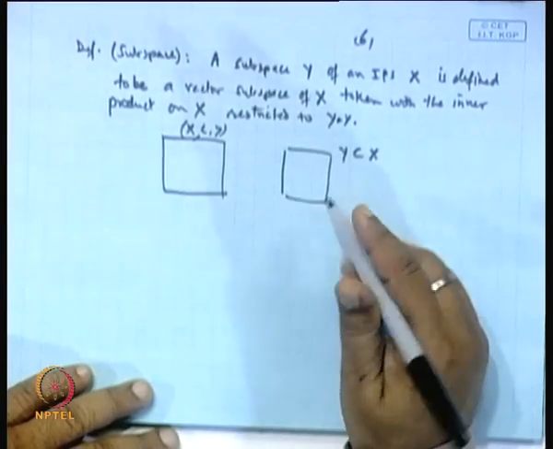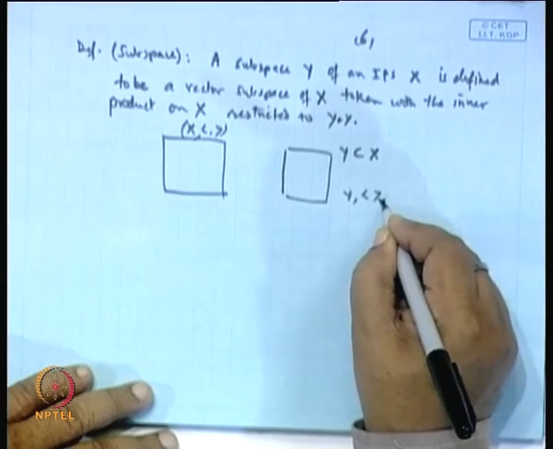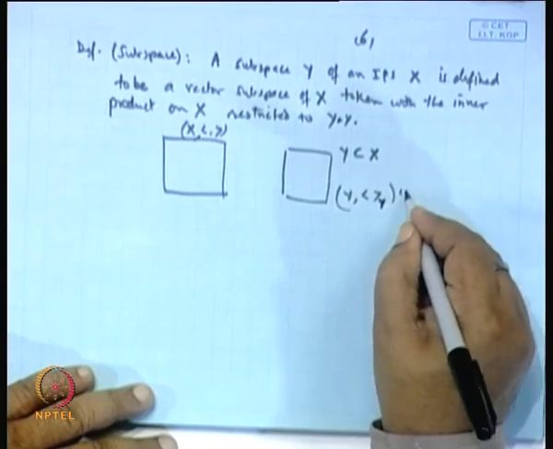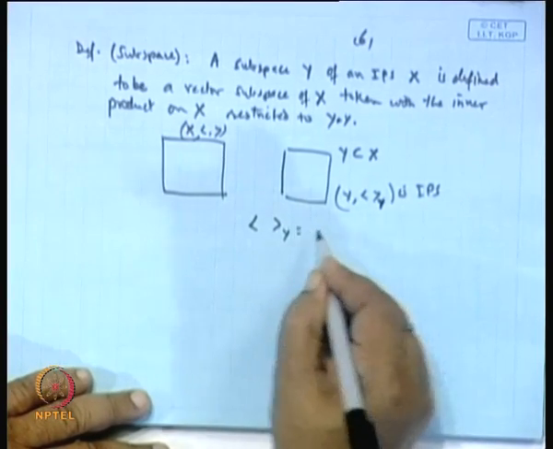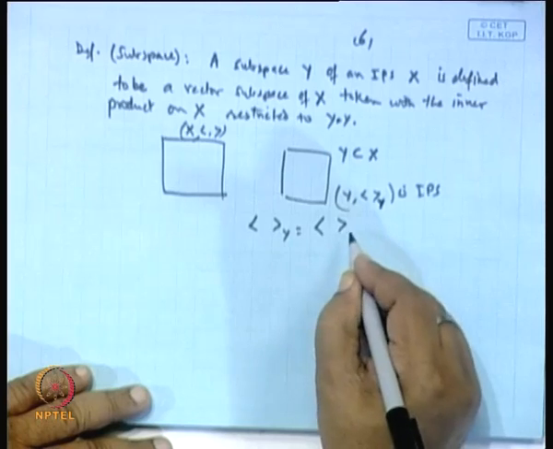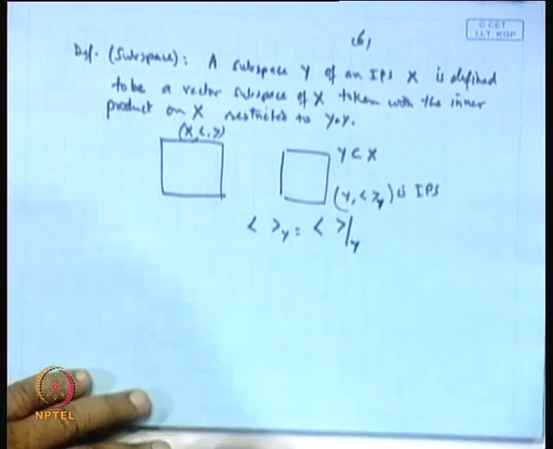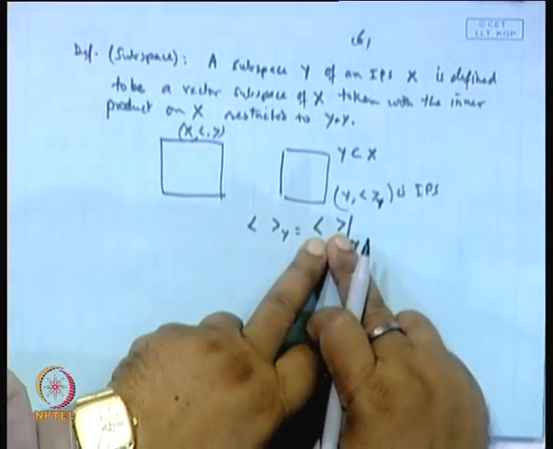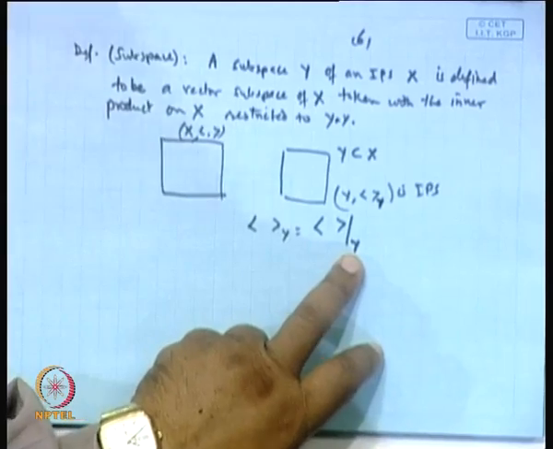So, Y is an inner product space under the restriction of the inner product on X to Y. This is the inner product on X, we are restricting it to Y, so only choosing the points of Y and using the same inner product.